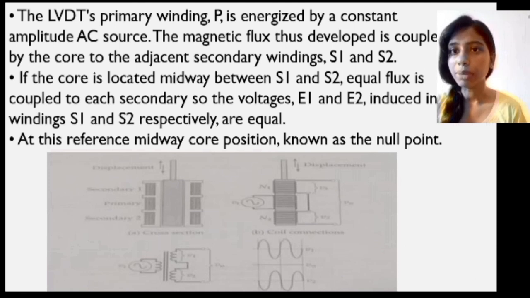If the core is located midway between S1 and S2, equal flux is coupled to each secondary, so the voltages E1 and E2 induced in windings S1 and S2 respectively are equal. This reference midway core position is known as the null point.